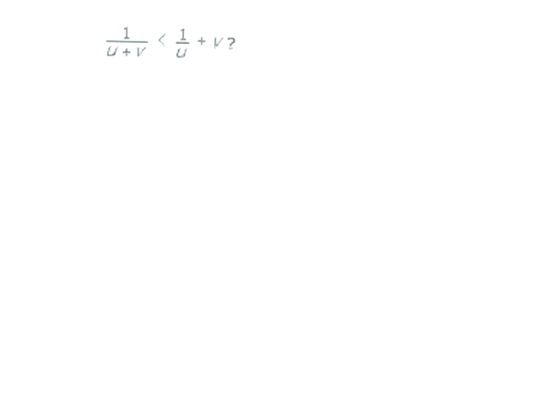So if you move 1 over u to the other side, then that's 1 over u plus v minus 1 over u. And all right, sure. Okay, that's kind of ugly. There, now it looks better.